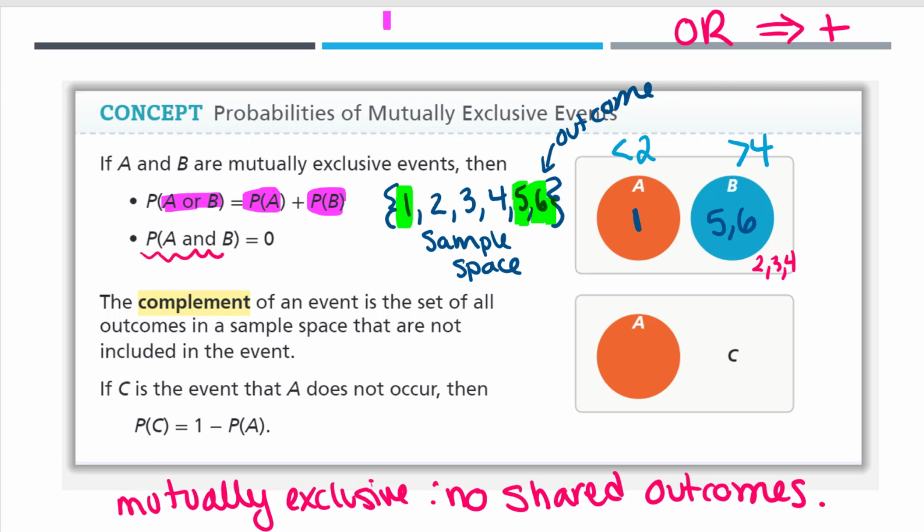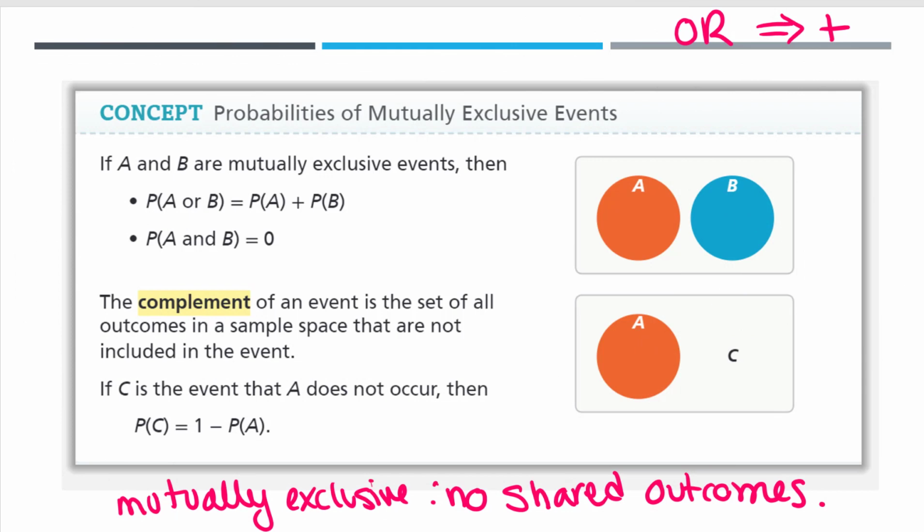The probability of event A and B occurring is actually equal to 0. What that means is that we have no shared outcomes between A and B. There's no overlap. So the probability is equal to 0. Probability is always a number from 0 to 1. 0 means that the event cannot happen, and 1 means that it's certain to happen.